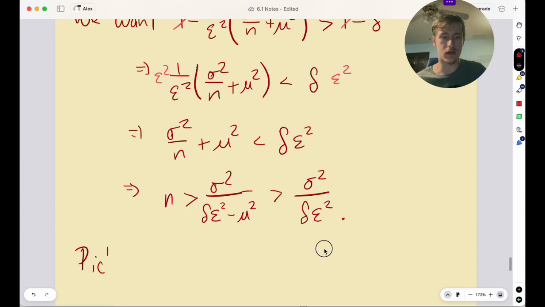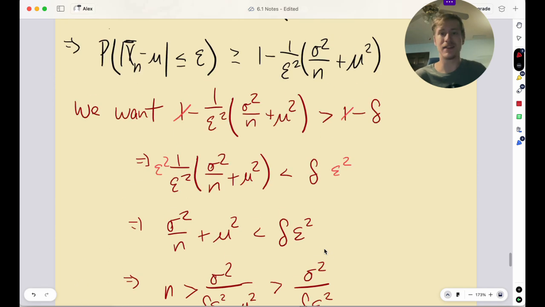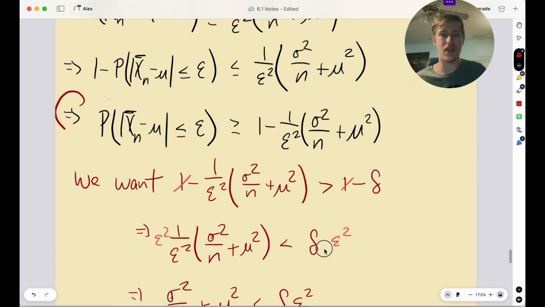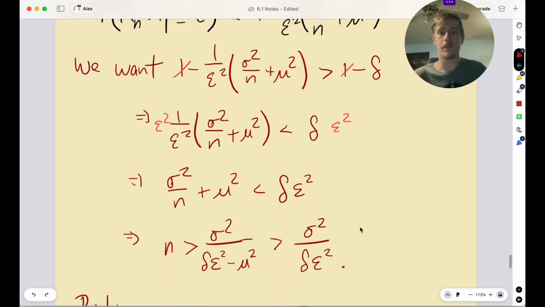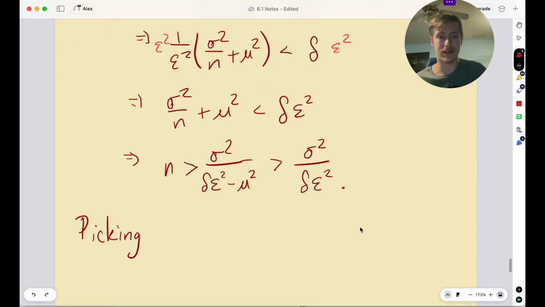So the takeaway here is if you want an n such that the theorem says this is greater than 1 minus delta, I showed you that as long as your natural number n, your number of trials, exceeds sigma squared over delta epsilon squared, that does the job.